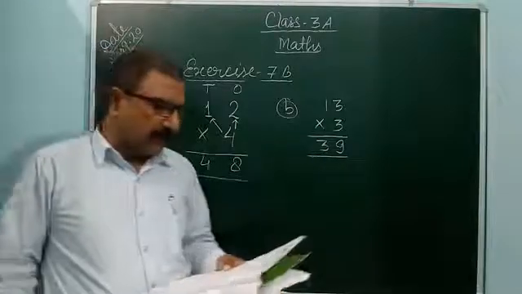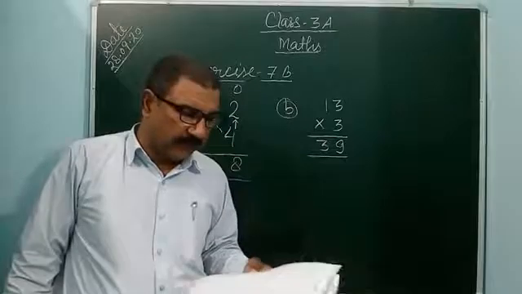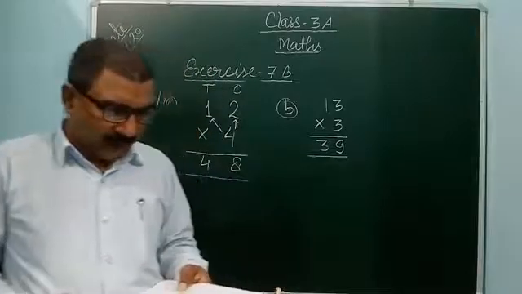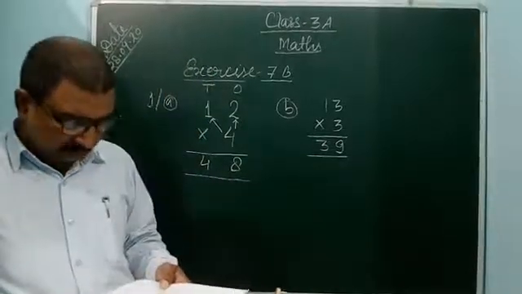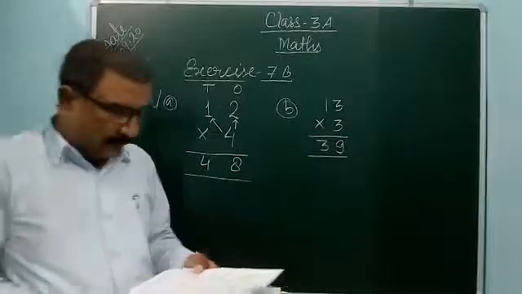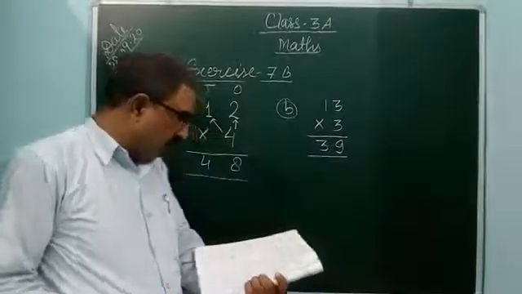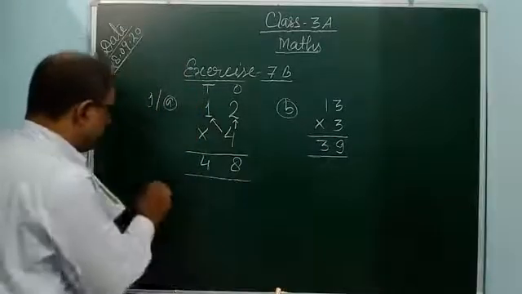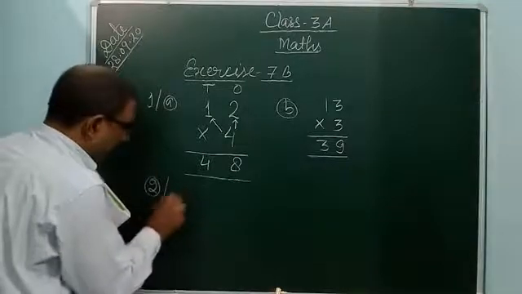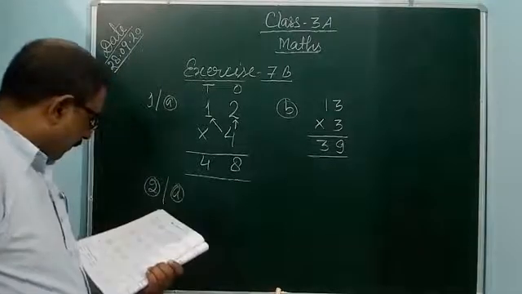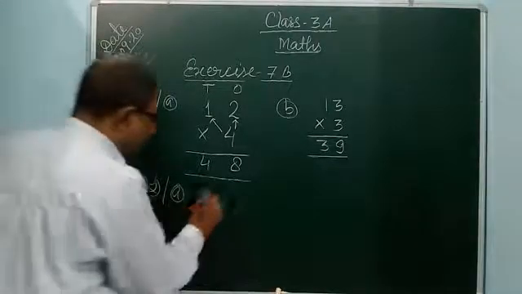All questions of question number first you can do yourself today itself, and question number second you can try today. See, second A. 12 multiplied by 5.